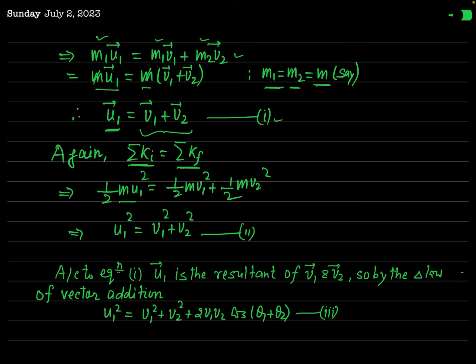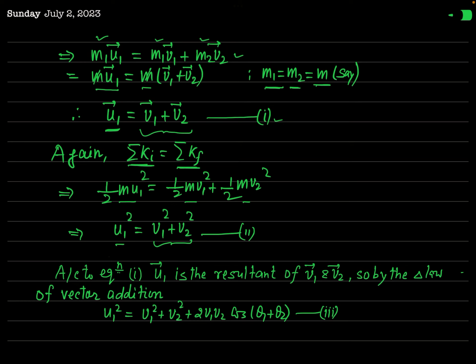After collision, the total kinetic energy will be half m v1 square plus half m v2 square, because the masses of both particles are equal, so I have written m everywhere. Now this half m will cancel out, because it is a common factor in both LHS and RHS, and so you can write this equation as u1 square equal to v1 square plus v2 square.